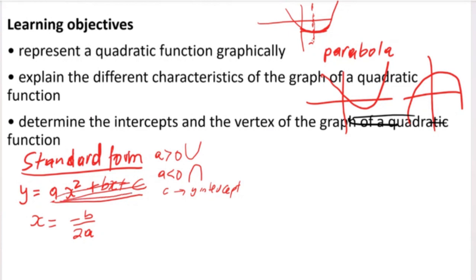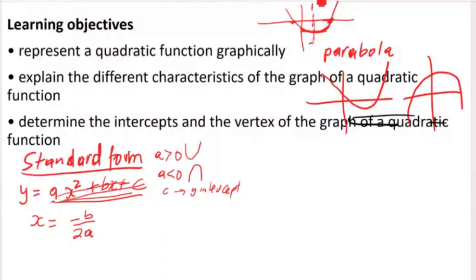And what else? The x-intercept. The x-intercept is where your graph is cutting your x-axis. Sometimes you find what we call the zeros. When you find a question that says find the zeros, you know you are looking for your x-intercepts.